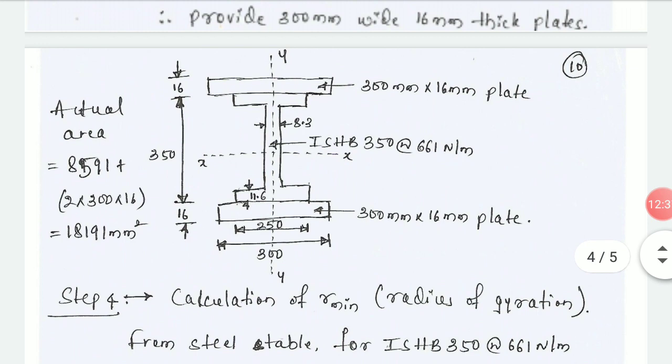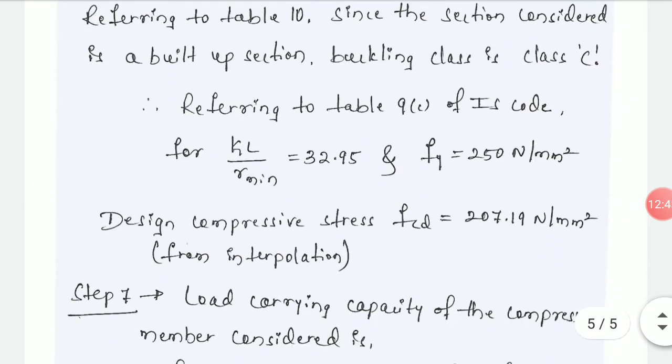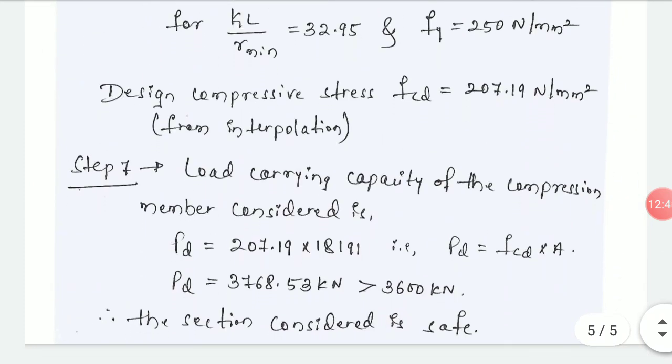The design compressive stress for this section is 207.19 that I have got. The load carrying capacity of that section will be design compressive stress into area. That is the basic definition of stress: stress is load by area. So the load carried by the section is design compressive stress into area, that is 3768 kilonewton, which is greater than the given load, that is 3600 kilonewton.